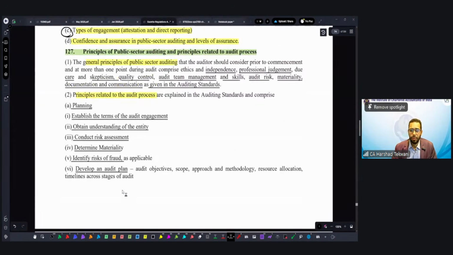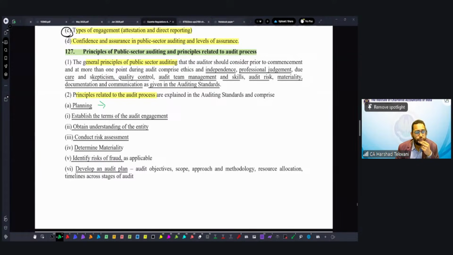Can anyone tell me the relevant SA for planning? What is the relevant SA number? SA 200. Yes, very good.